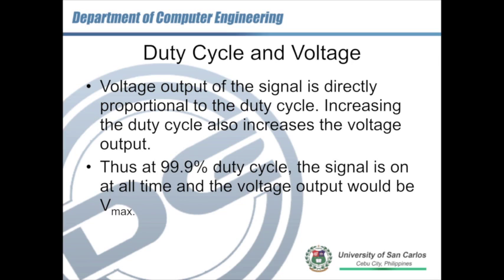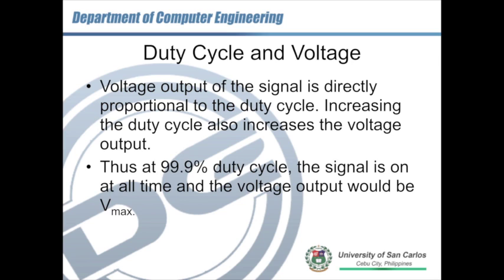So you can no longer see a pulse there, just a direct current at the maximum voltage. In theory, if the pulse is 50%, the voltage output should be 50% of Vmax. If Vmax is 5 volts, then the output voltage is only 2.5 volts.